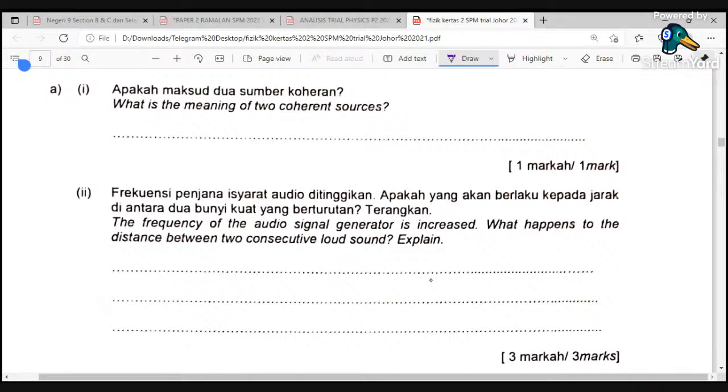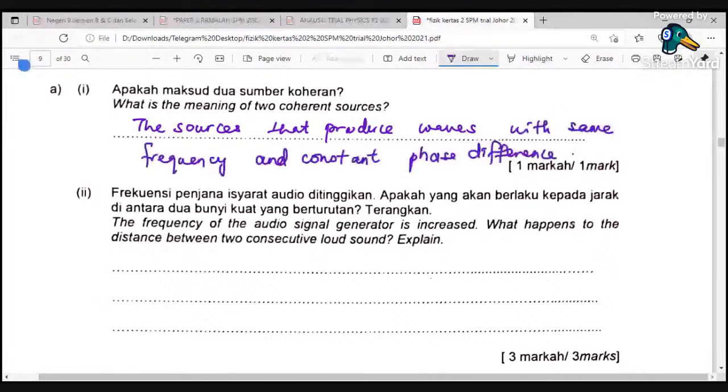Okay. The sources that produce constant phase.